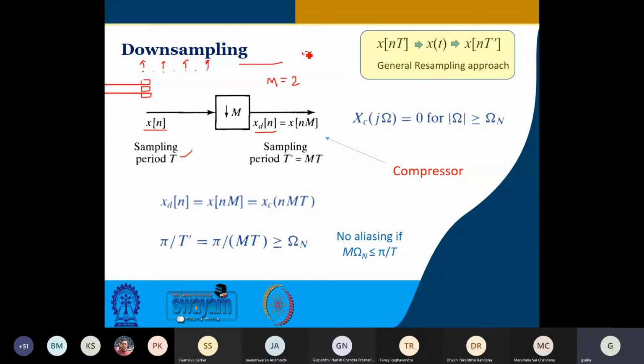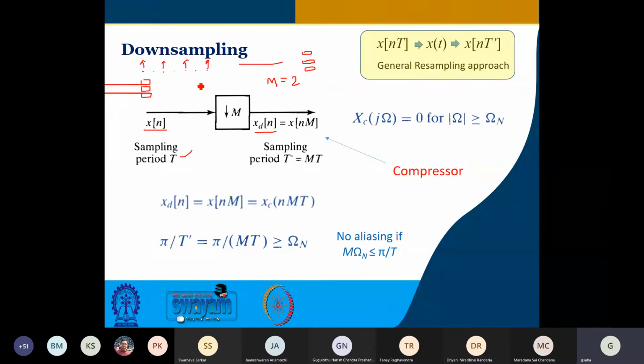This is the downsampled version of it. It might appear so simple. If instead of M equal to 2 we have M equal to 3, we take every third sample. M equal to 4, we take every fourth sample, and so on.